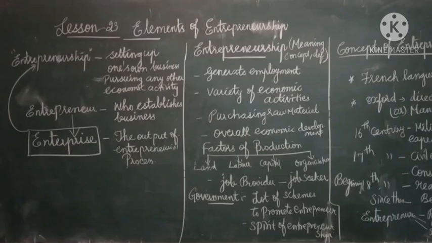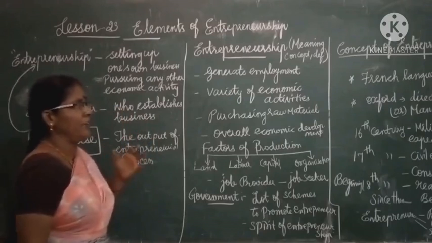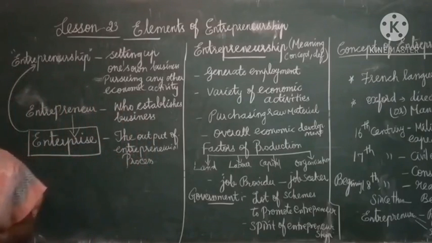Then, let us move on to entrepreneurship: meaning, concept and definition. What does entrepreneurship mean? Entrepreneurship generates employment opportunity, and a variety of economic activities are taken up by entrepreneurship. So, entrepreneurship generates employment opportunity for whom? For many people. Besides providing self-employment to the entrepreneur, he doesn't want to move to another job.